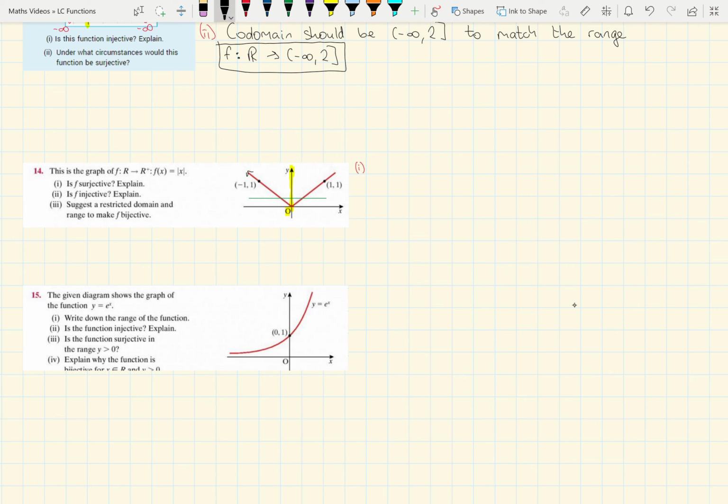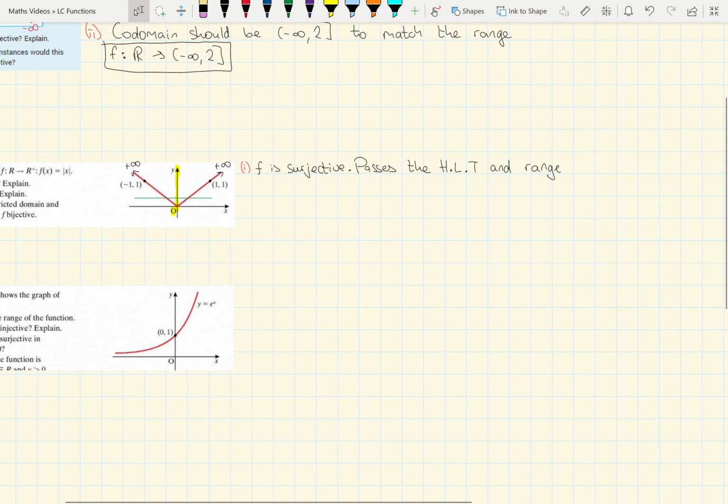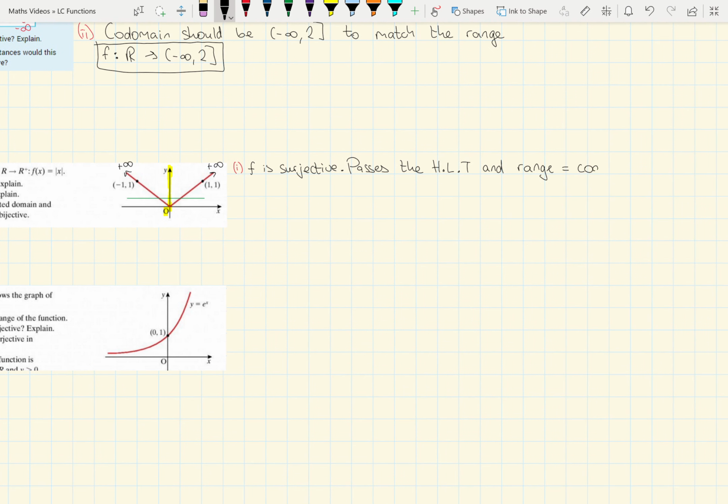And our function keeps going on both sides to plus infinity. So we're getting the same values for range and codomain, so we pass there. So we can say f is surjective. And our reason, it passes the horizontal line test and the range is equal to the codomain.